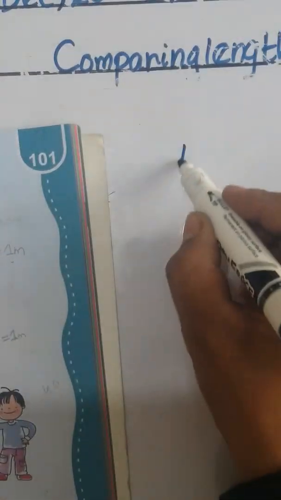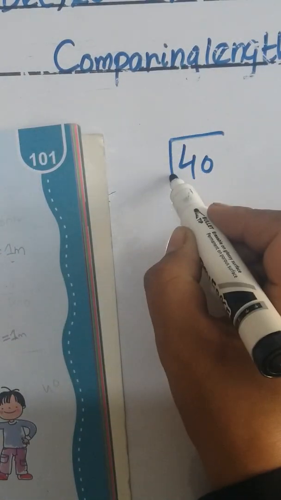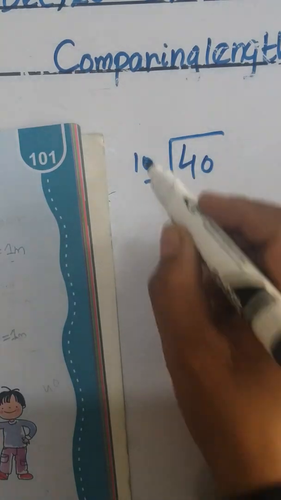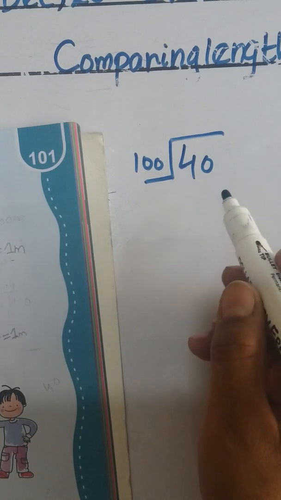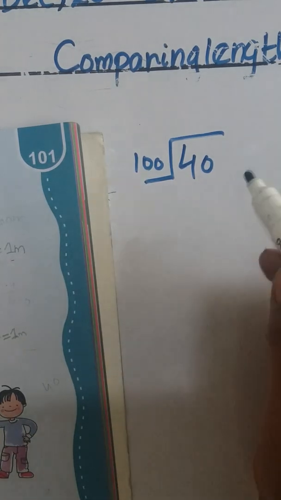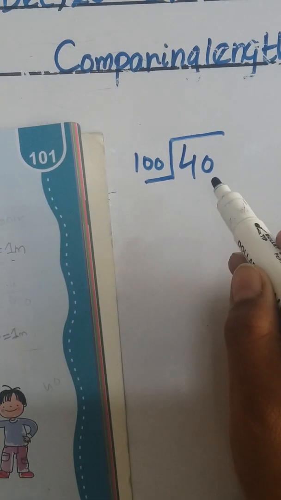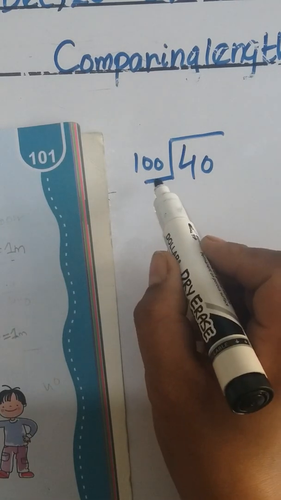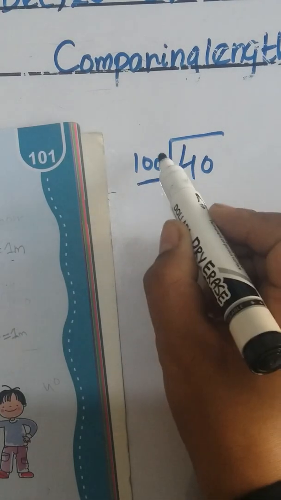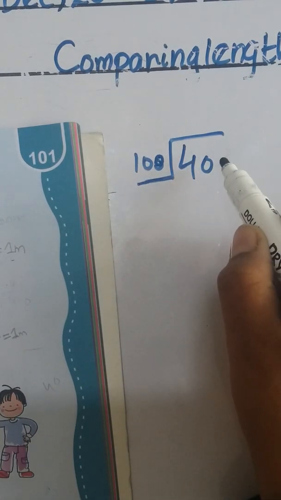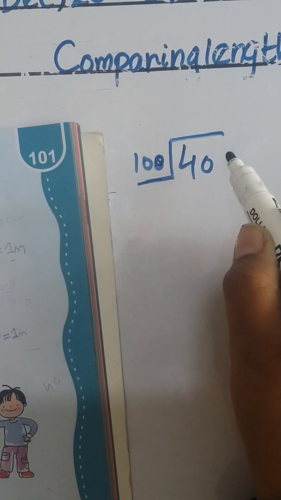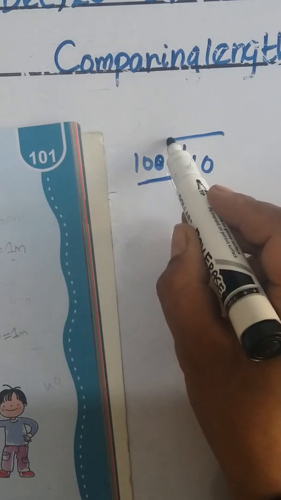You divide 40 by 100. This is the method to convert centimeters into meters. To convert from a smaller unit to a bigger unit, we need to remember that we divide. Okay, this is a fact, you have to remember it.